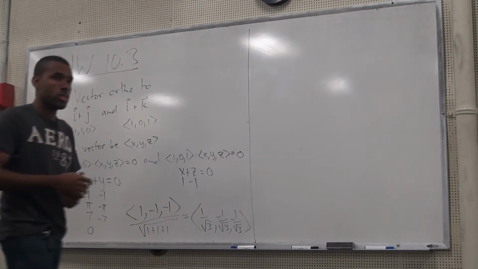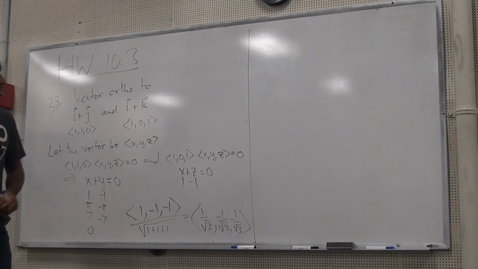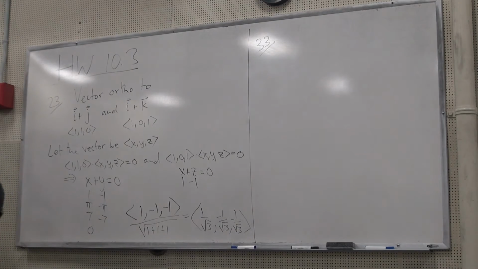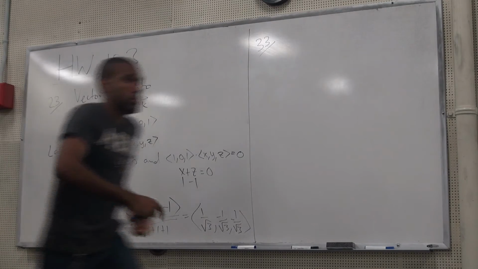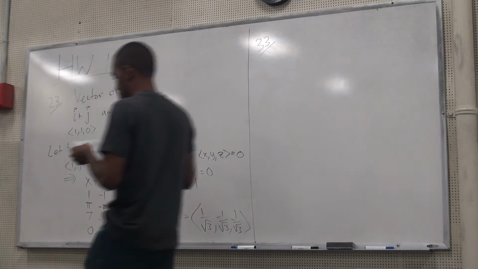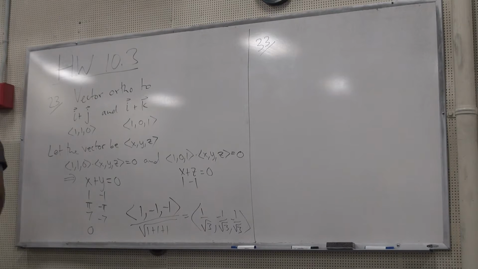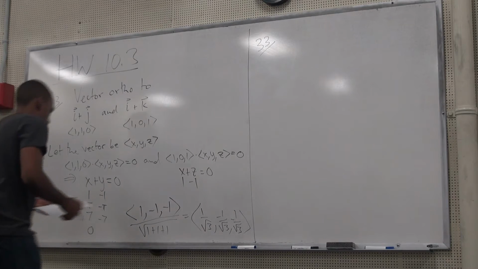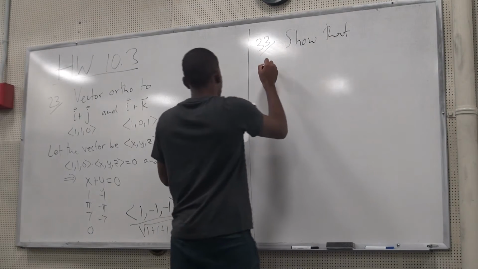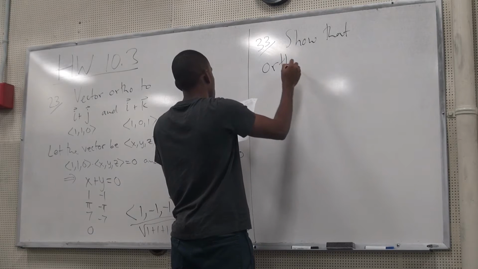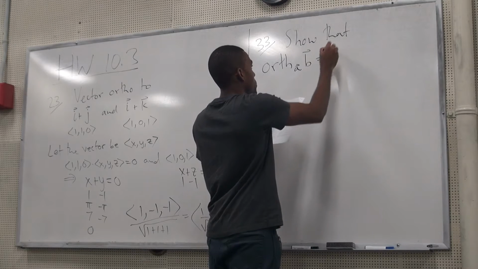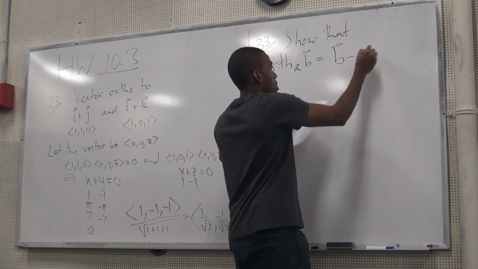Okay. Other questions? 33. It says show that... they define a new kind of vector called the orthogonal projection of b onto A, and they define it to be b minus the projection.